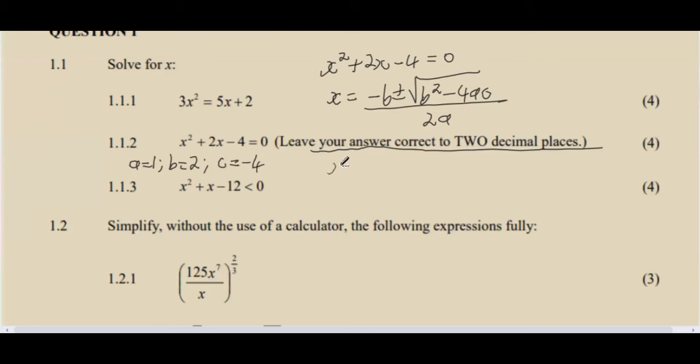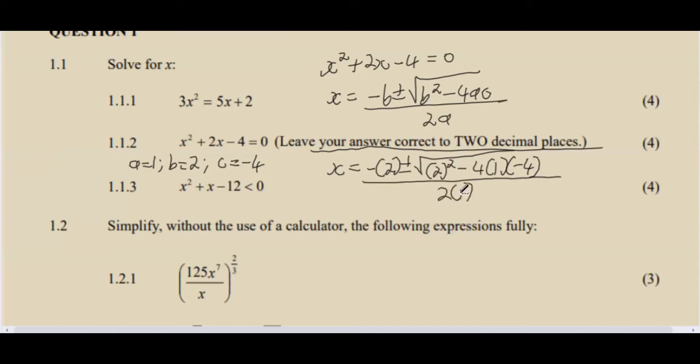Then all you do is just substitute in here. So the B is 2. And then once again, you put your B. So that's 2 squared minus 4, your A is 1. And then your C is negative 4, right? Over 2 times 1, right?